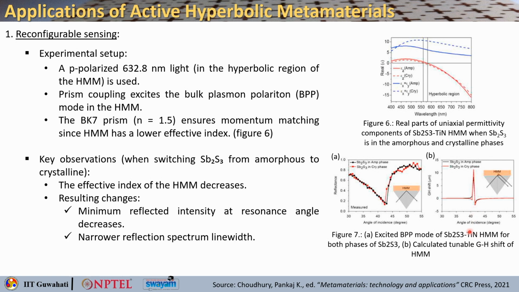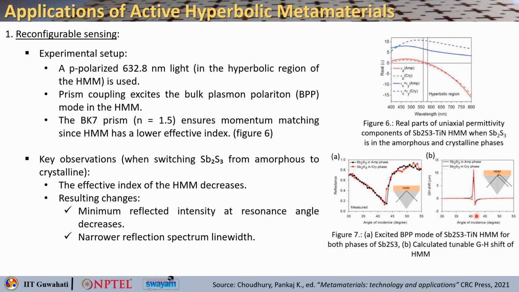So, it also results in a narrower reflection spectrum line width. The excited mode is confined to the fundamental BPP mode, which is a low K mode of this antimony trisulfide and titanium nitride hyperbolic metamaterial.